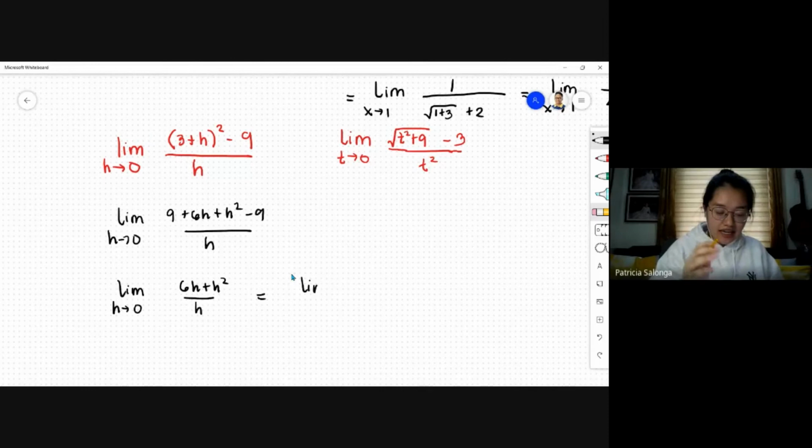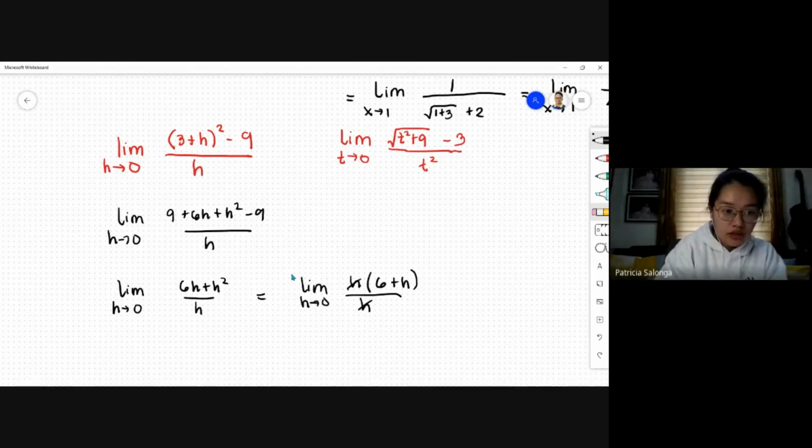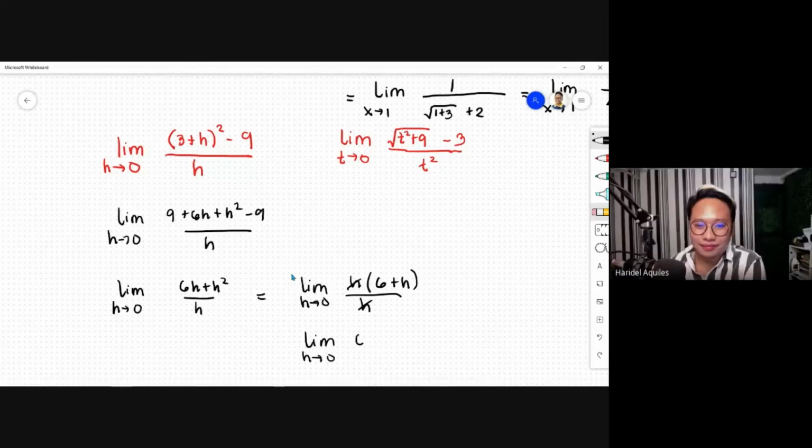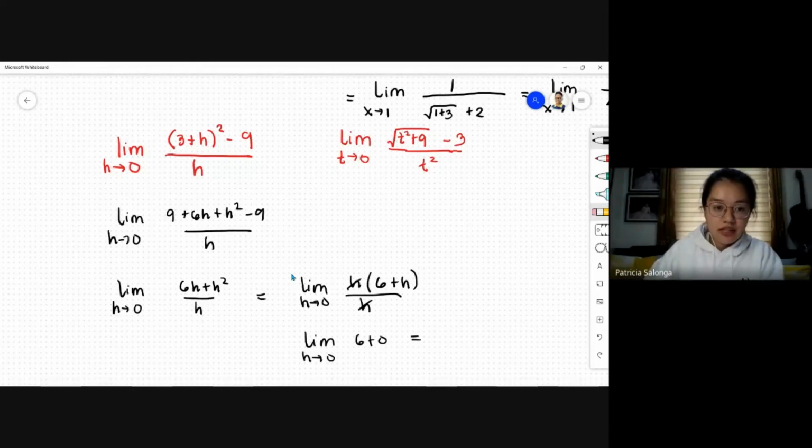So we can cancel h in the denominator and the numerator, then we are left with h plus 6. Then substitute h to 0. So 0 plus 6 is equal to 6. So the limit as h approaches 0 is equal to 6.